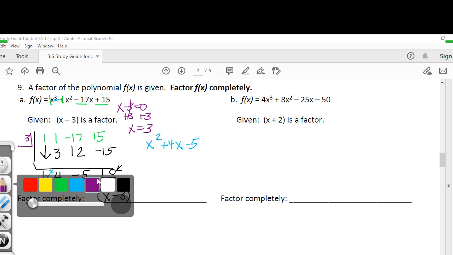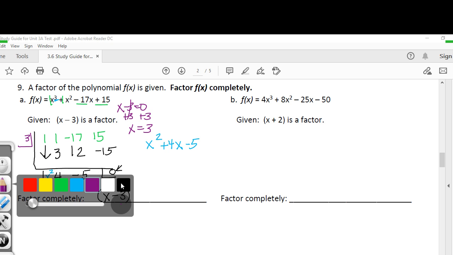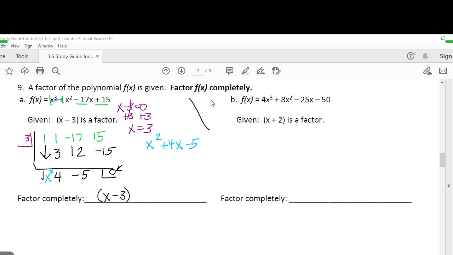So I've got to find 2 numbers that I can multiply to get -5, and those same 2 numbers I can add to get 4, and that is a -1 and a +5. I'm going to use my a term, which is 1, and the variable that we're using, which is x, and now I can do bottoms up. So this is x minus 1, x plus 5, and those are my other 2 factors. So there's my final answer.